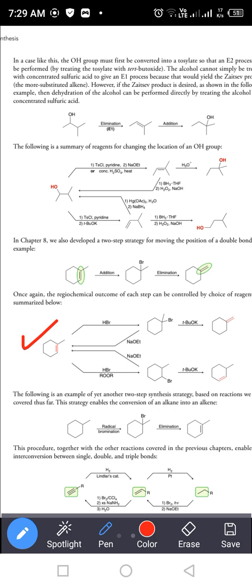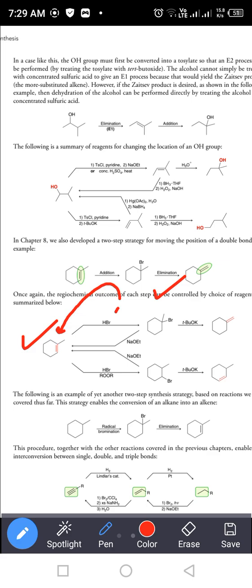We have the alkene and we add HBr. If we add HBr through Markovnikov addition, Markovnikov addition means we will add Br negative to the carbon having less hydrogen. So the product will be this. It means we now have a tertiary alkyl halide, Br on the tertiary carbon.